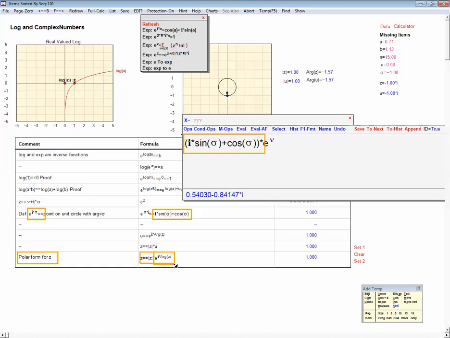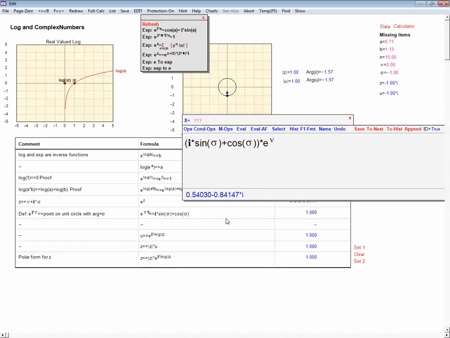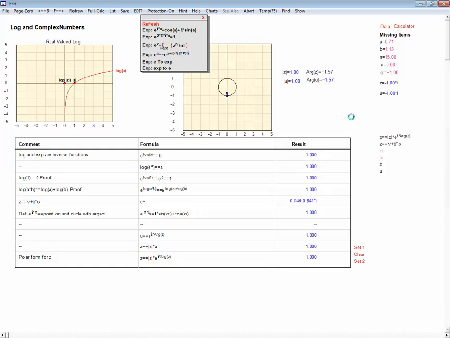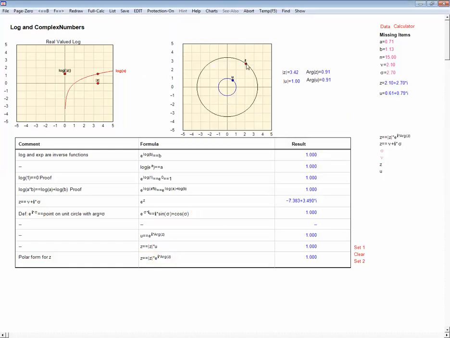So let's take a look at what that means in terms of this graph up here. I click on this point here. Here's a complex number z. Here's its shadow u down on the unit circle. Clearly, z and u have the same argument. What's the argument?